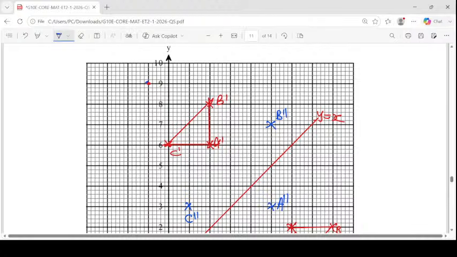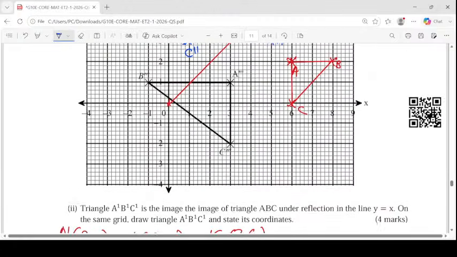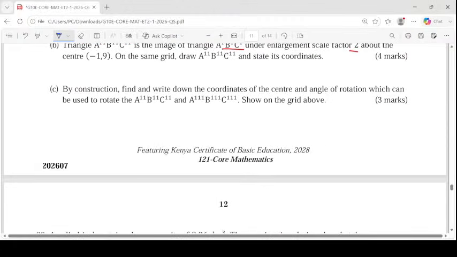So now I'll join A double prime to B double prime to C double prime. This is basically how you should have done that particular part. Very simple. So the coordinates, I think they want it.